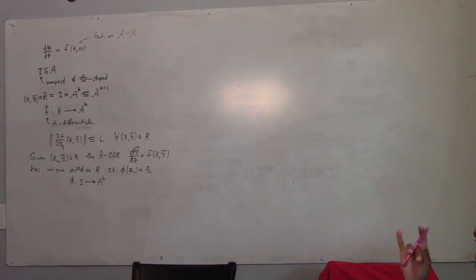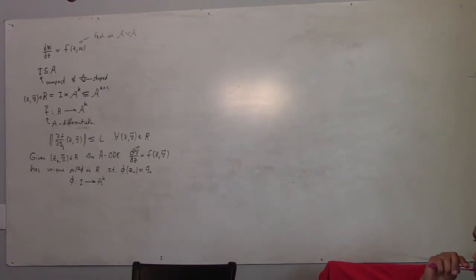So the proof is by what's called the Picard iteration, and so the first iterate, you just say y sub 0 is equal to w naught. That's where you start, and then recursively you define y sub n plus 1 of z to be w naught plus the integral of f of zeta, y_n of zeta, d zeta, integration, right?